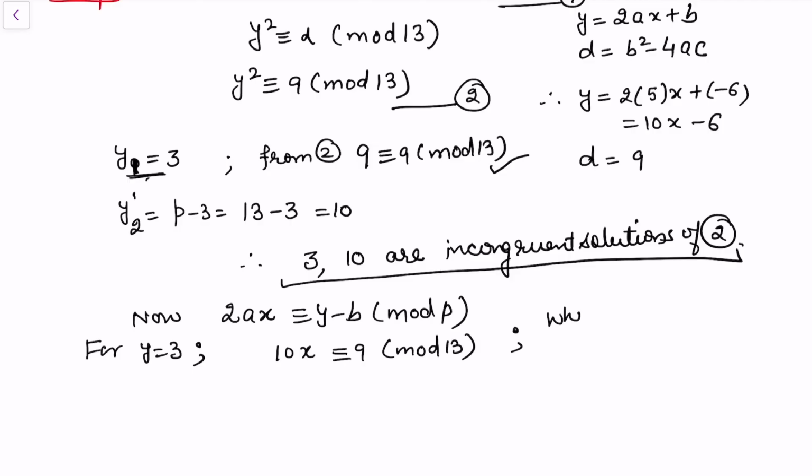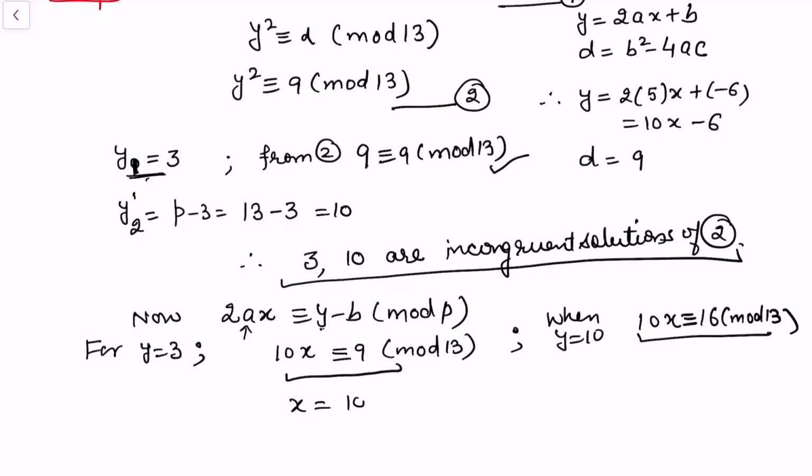And when y is equal to 10, I get the congruence 10x is congruent to 16 modulo 13. We simply substitute these values: a is 5, y is 3 or 10, and b I already know. For these linear congruences, I can find that x is equal to 10 and 12. These are the two values that satisfy these congruences, and hence this is the solution for my original quadratic equation.